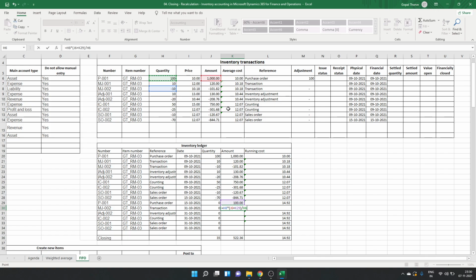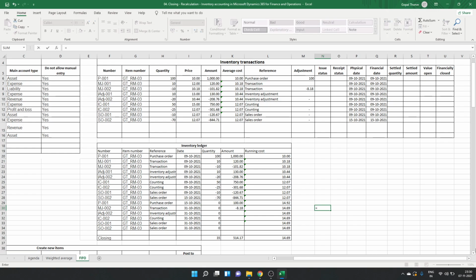So this should be the cost, but the system has already posted 101.82. So there is an adjustment of 8.18.